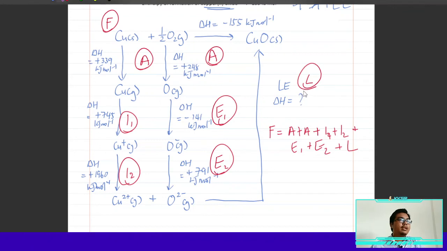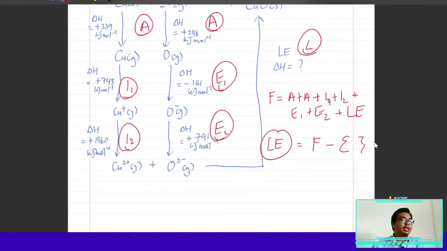Tapi sekarang ni kita dah ada F, tapi kita nak cari L. So maksudnya kat sini lattice energy kita, LE, bersamaan dengan F tolakkan dengan semua yang kita ada ni. Tolak sum of all. Tolakkan semua.